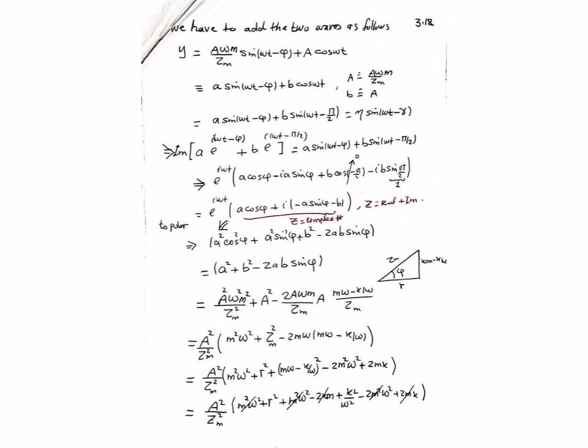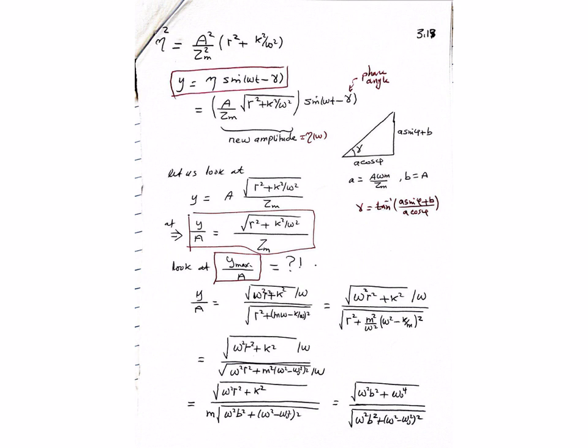Now we have to simplify this expression. As you can see, there is some cancellation. And then finally you get eta squared is A squared over Z squared m times r squared plus k squared over omega squared. So y is, you have to take the square root of eta, A over Zm square root of r squared plus k squared over omega squared, times sine omega t minus gamma.